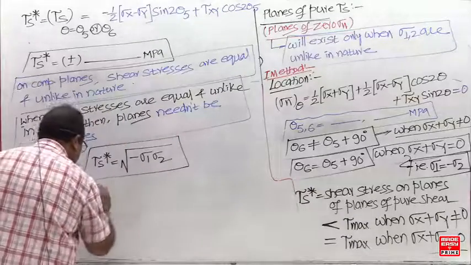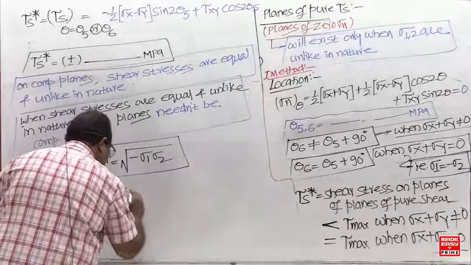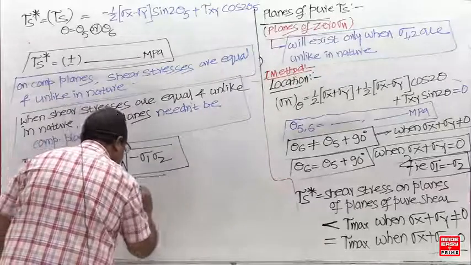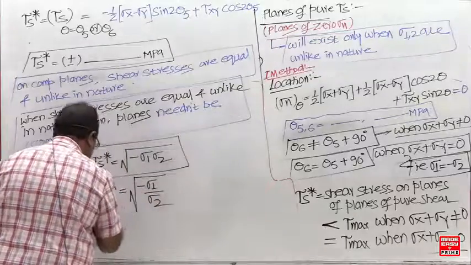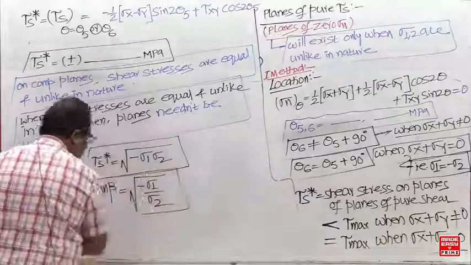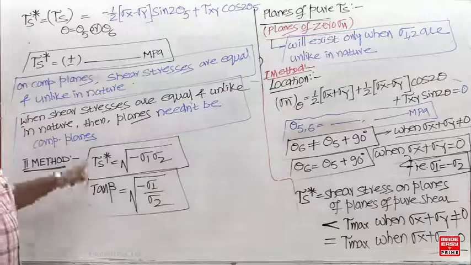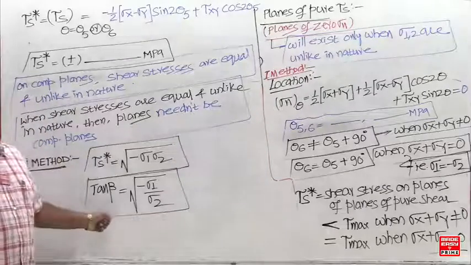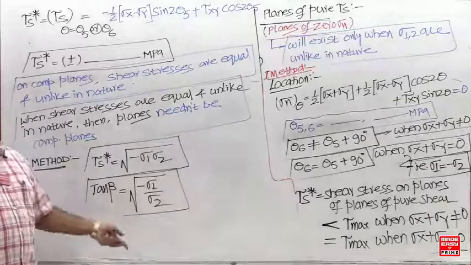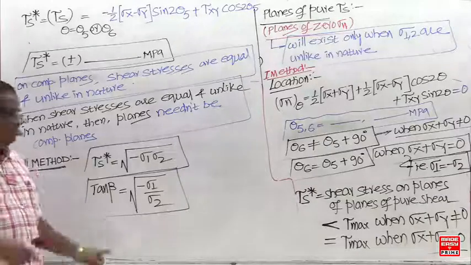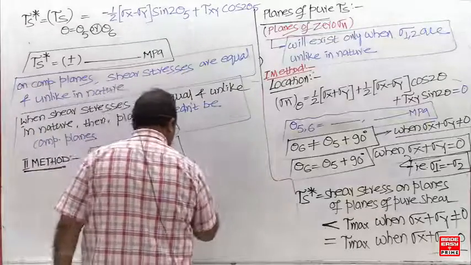Next, tan beta is equal to the square root of minus sigma 1 by sigma 2. Now what is beta? So far you have used theta. Theta is measured from the x face, but beta is not measured from the x face.